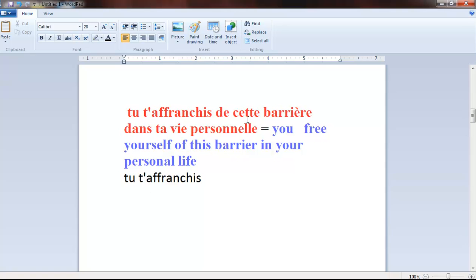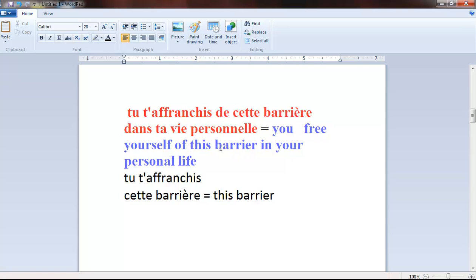So, tu t'affranchis de cette barrière. Cette barrière, it means this barrier. Here it's with grave accent. Cette barrière, this barrier. Tu t'affranchis de cette barrière dans ta vie personnelle.